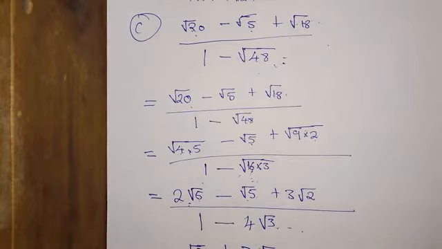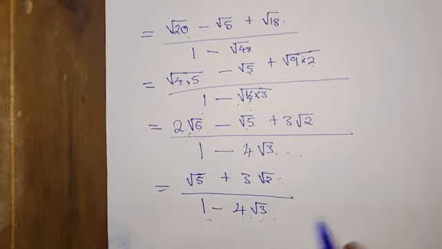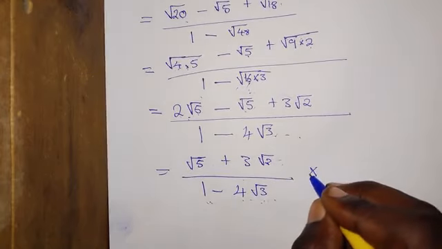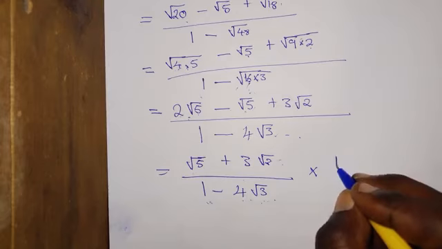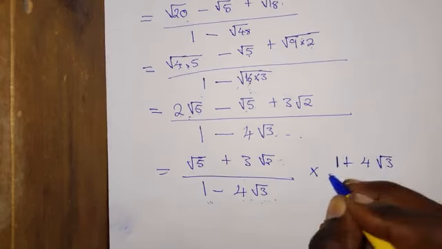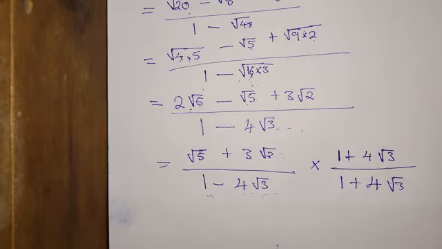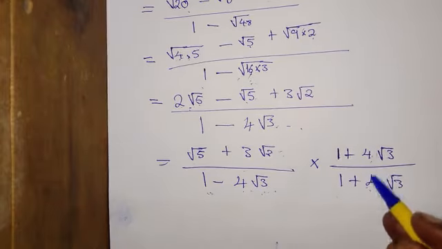But if you are using the simplified version, you are now looking at 1 minus 4 root 3. So what am I going to do? We're going to multiply by the conjugate. The conjugate is 1 plus 4 root 3 over 1 plus 4 root 3. This is what we're going to multiply with. This is still a special one.